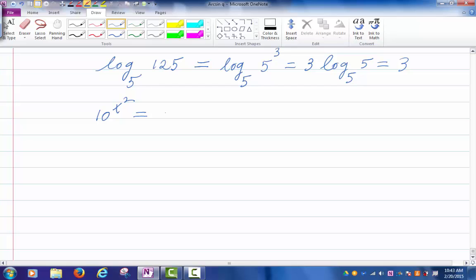I want to write it as e to the power something. What is it? What is a to the x? A to the x is e to the x ln of a, right? Yep, x squared ln of 10. That's exactly what it means.